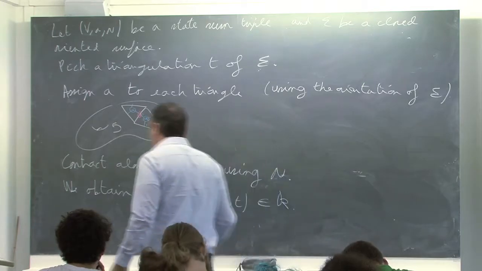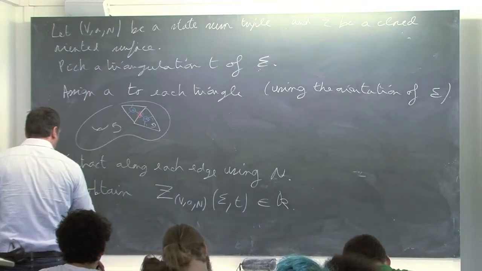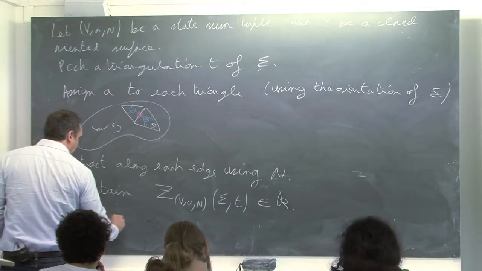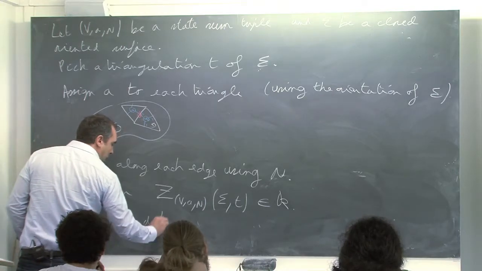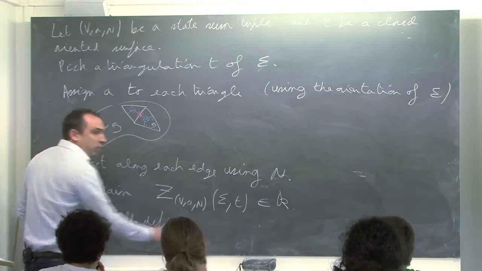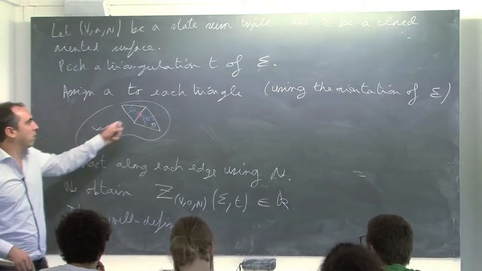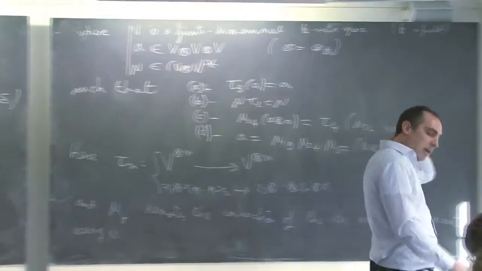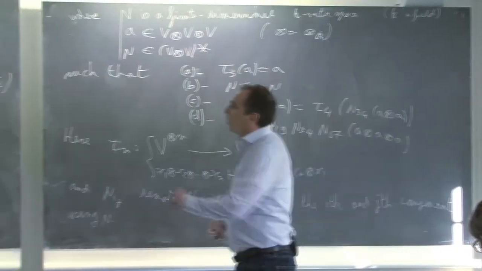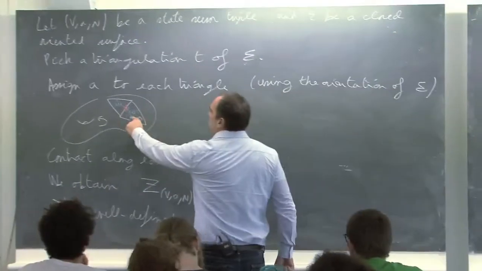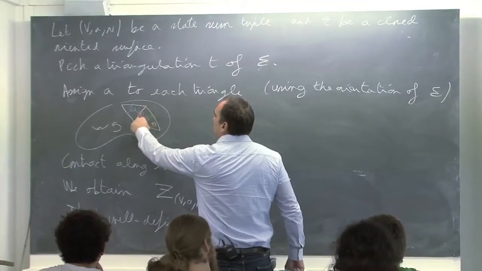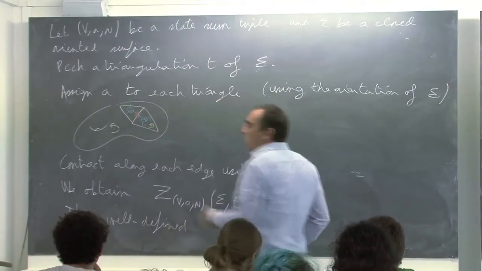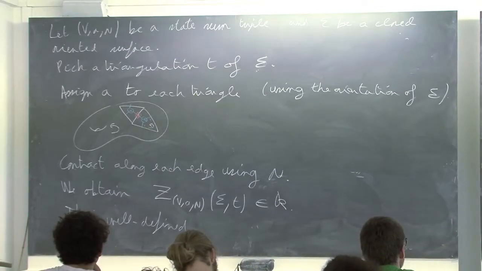Okay. So why is this construction well defined? So what are the indeterminacies here? We only know a cyclic orientation of the edges of a triangle.